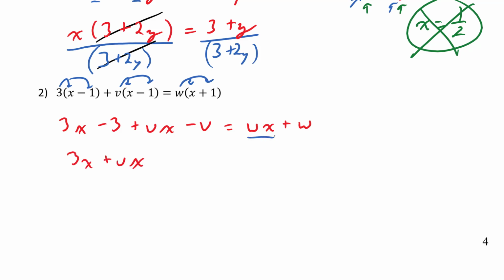Move my wx to the other side, becomes minus wx. We're going to move my 3 and my v to the other side here. This becomes positive 3, positive v. At this point, we'd like to collect like terms, but unfortunately these are not like terms. But what they are, they do have a common factor of x. So I can take that x value out.